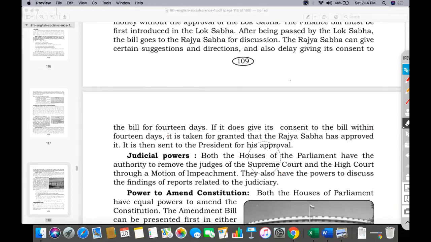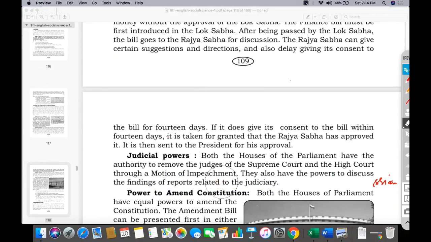Judicial power. Both the houses of the parliament have authority to remove judges of Supreme Court and the High Court through a motion of impeachment. They also have power to discuss the findings of the reports related to judiciary. So Law Commission report and other reports related to judiciary can be discussed in parliament.